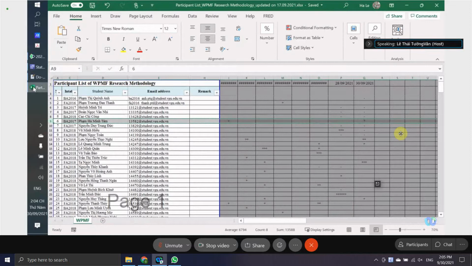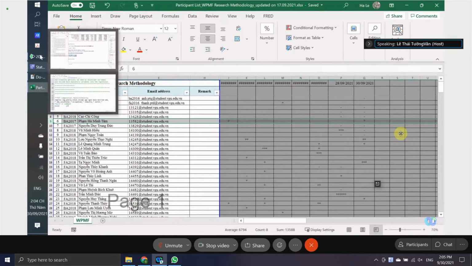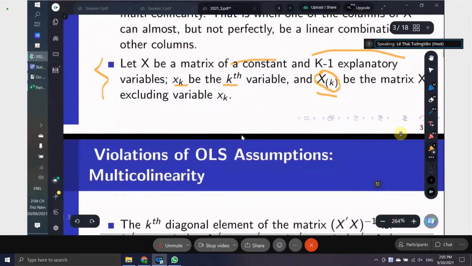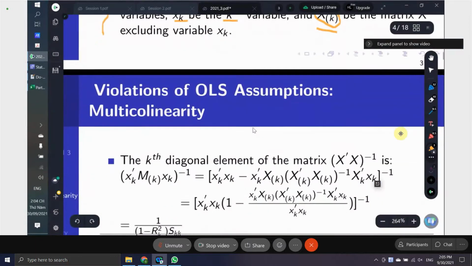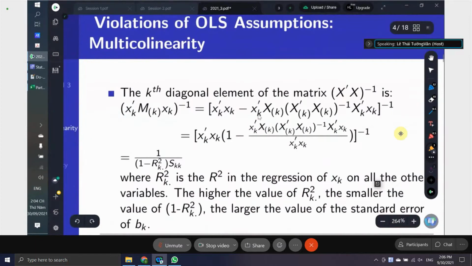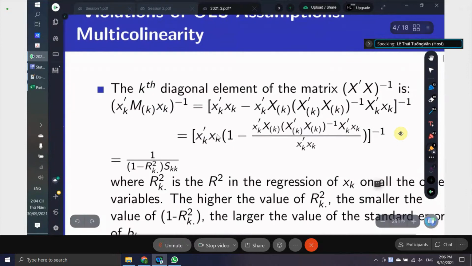I'm now giving priority to the ones who do not have a lot of credit yet. The kth diagonal element of the matrix X prime X to the minus 1 is written as Xk prime Mk Xk to the minus 1.